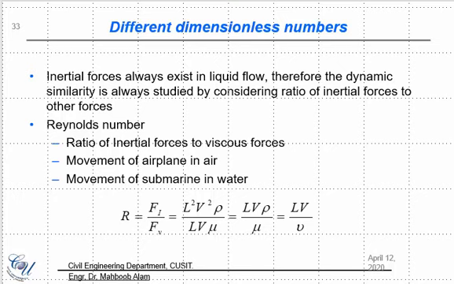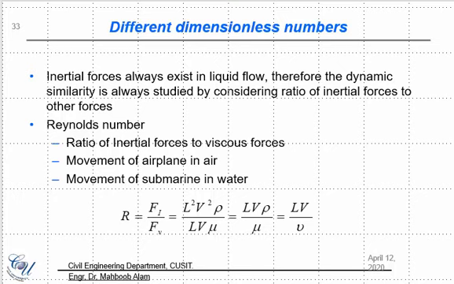Another very important thing is the dimensionless numbers. You have used different kinds of dimensionless numbers till now. You have used Reynolds number, you have used the Froude number, and we have defined all these numbers earlier. But in addition to the Reynolds and Froude numbers, there are other dimensionless numbers that you should be aware of.